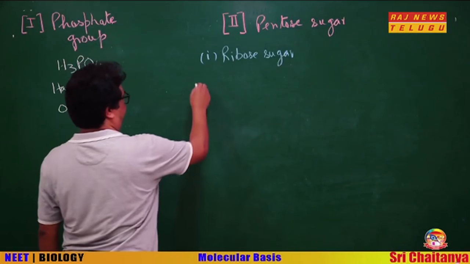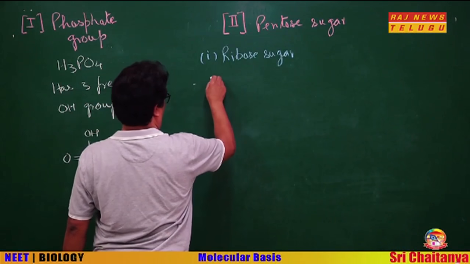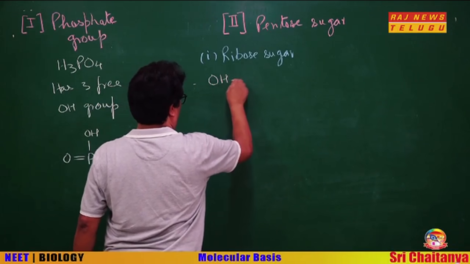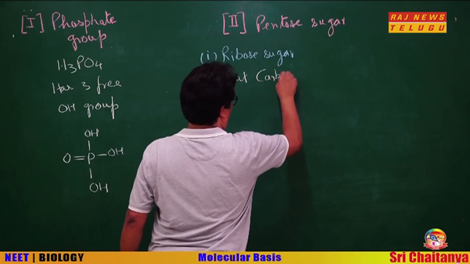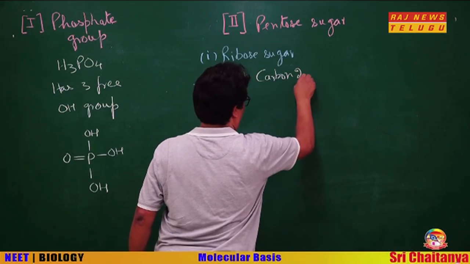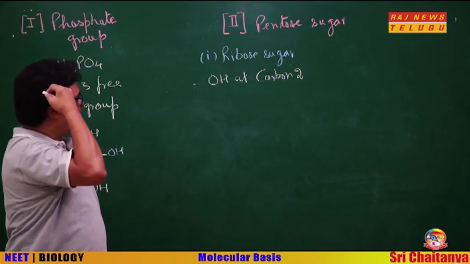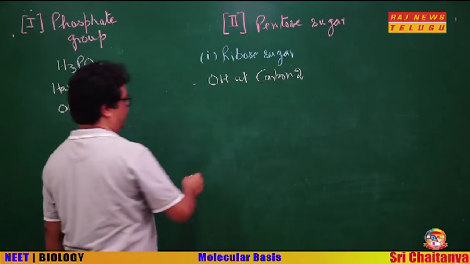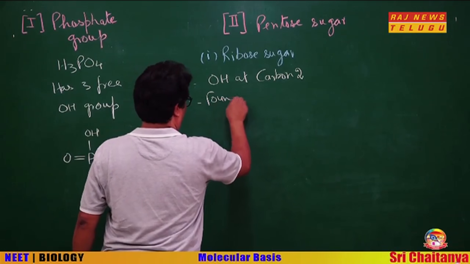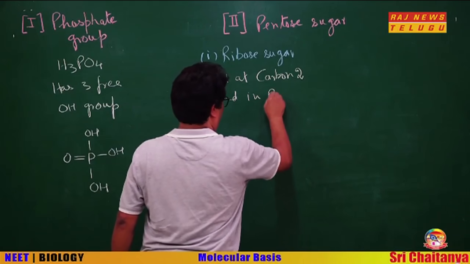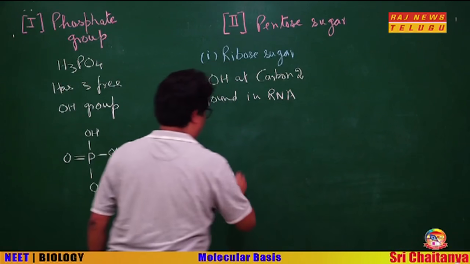Okay, ribose sugar has OH at carbon 2. So this is the main difference between ribose sugar and deoxyribose sugar, and as I said, it is found in RNA. So let us see.